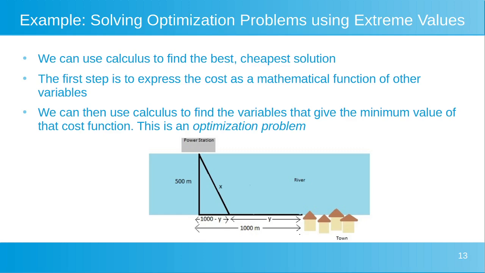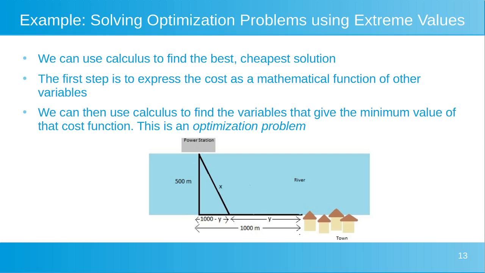The first step is to express the total cost as a mathematical function of other variables. And we can then use calculus to find the variables that give the minimum value of that cost function. So it becomes what we can describe as an optimization problem.